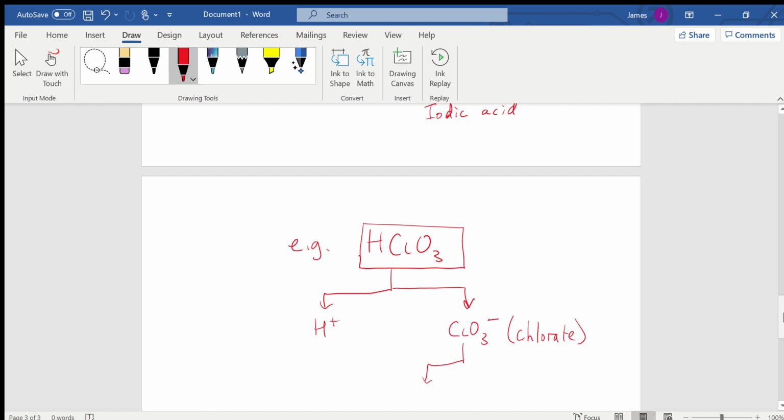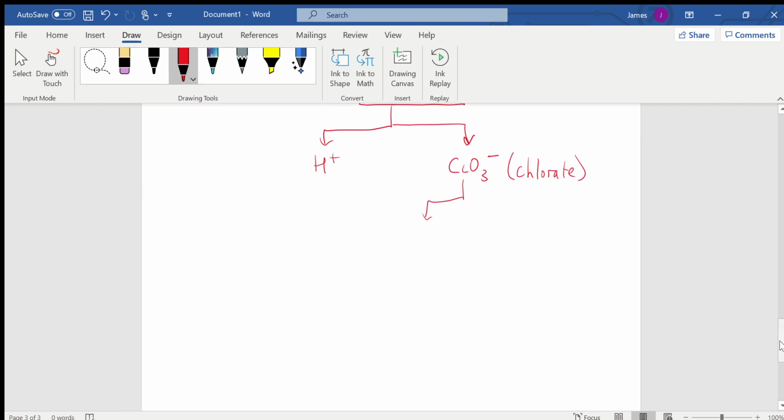So we know what to do. We have chlor, ic because it came from the ate, and then the word acid. So the whole thing just becomes chloric acid.